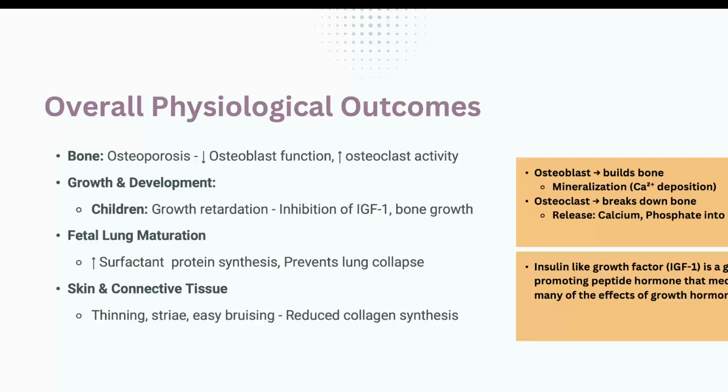This is important because this glucocorticoid is responsible for increasing surfactant protein synthesis. Surfactant protein synthesis is important because it inhibits lung collapse. It means when the woman gives birth, the baby will be free of respiratory distress.